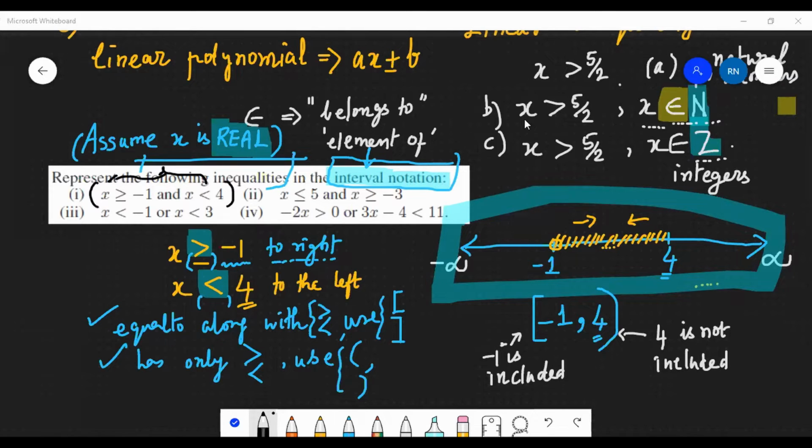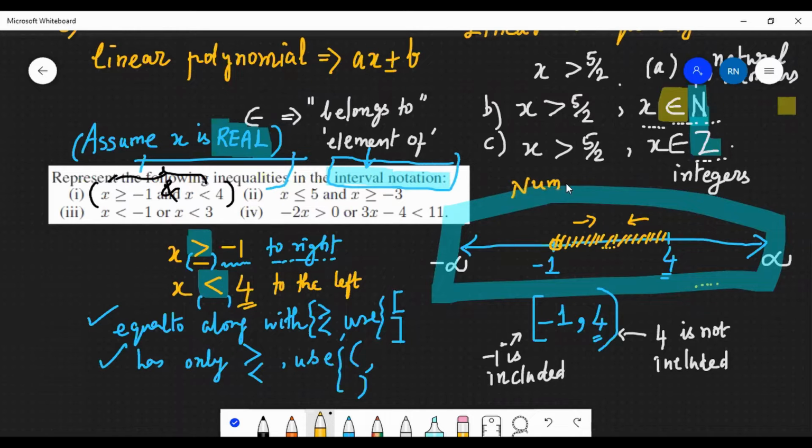X must satisfy both statements: X is greater than minus 1, and X is less than 4. So how are we satisfying them? Very simply, with a visual representation.